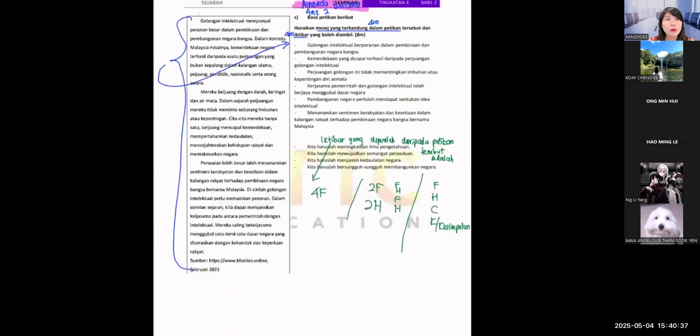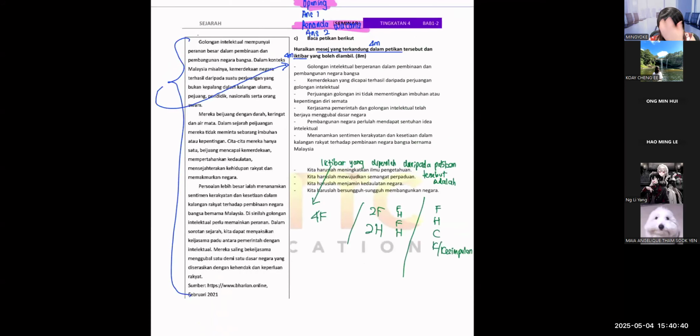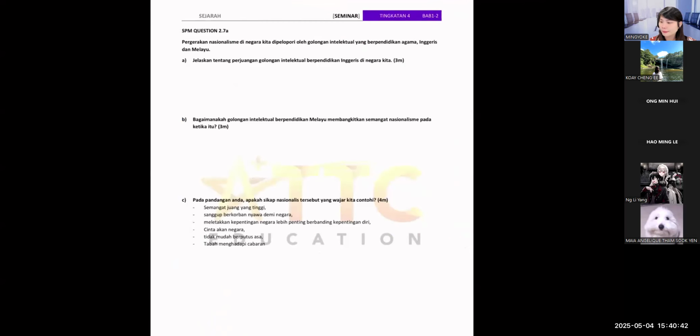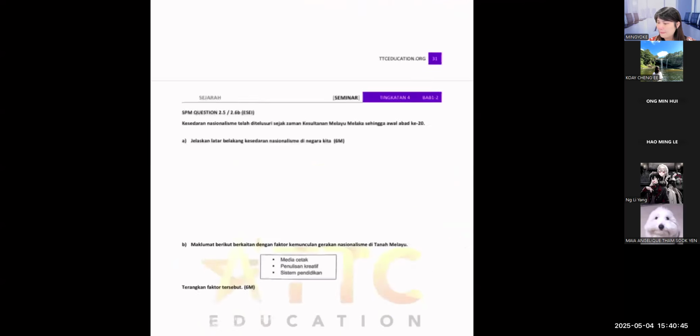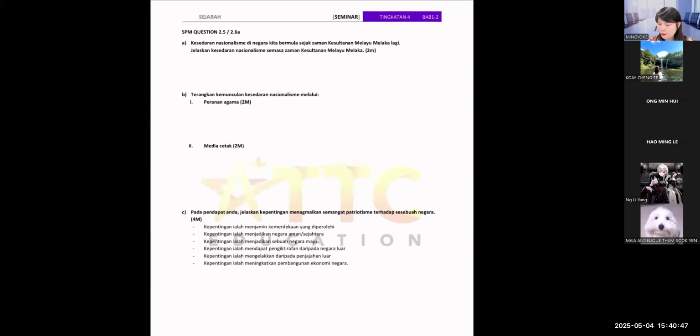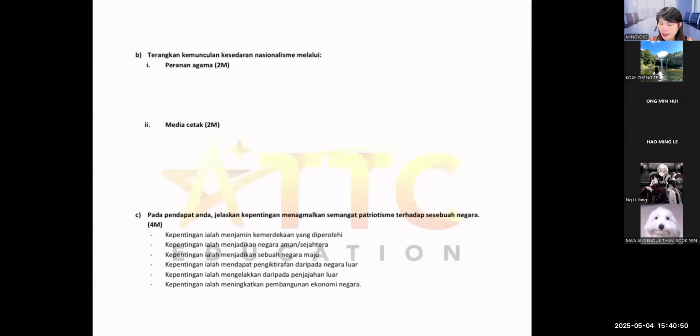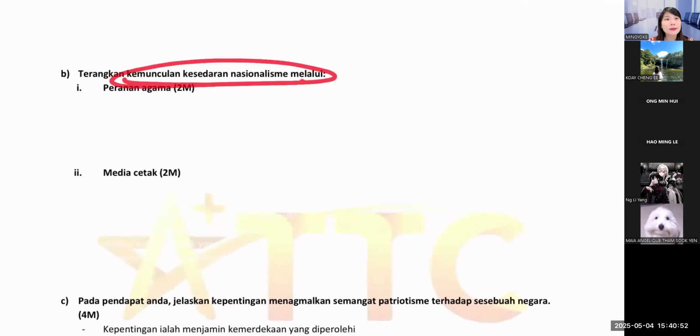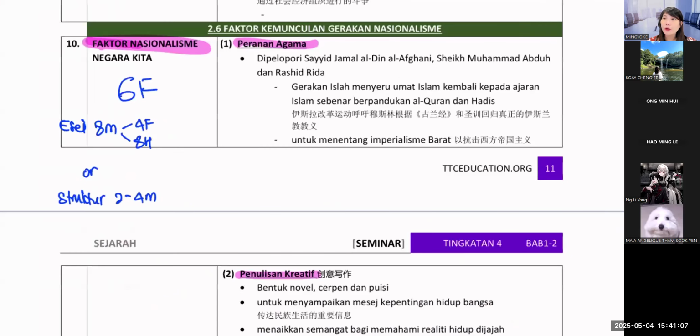That's why you need to practice, guys. You see here there are questions for chapter 2. You practice the questions for chapter 2. For example, you can see here: the emergence of awareness. The role of religion, print media, 2 marks, 2 marks. Understand? This is how you apply it. Then we come back here. Remember when you apply: opening, answer, discourse marker, answer, discourse marker, answer.